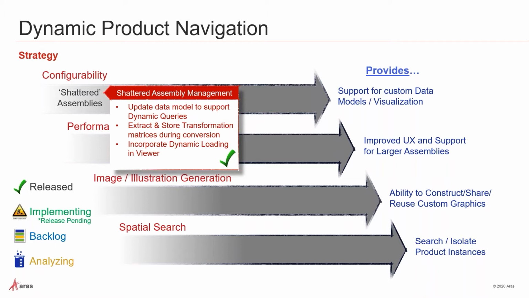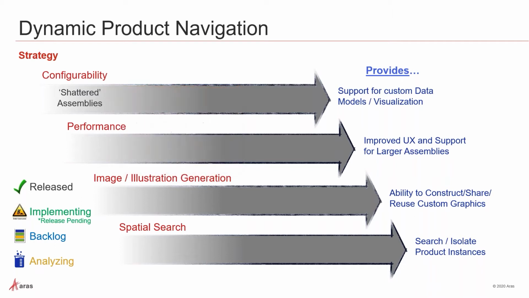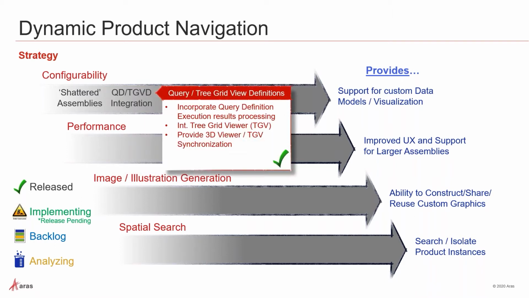We started by modifying our core data model and conversion capability to enable constructing 3D scenes using only the component parts positioned appropriately in 3D space. We integrated query definitions and tree grid view definitions to allow users to select the elements to render and related business objects to expose.